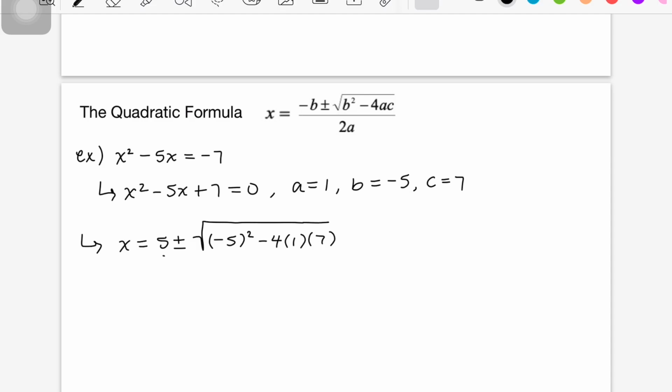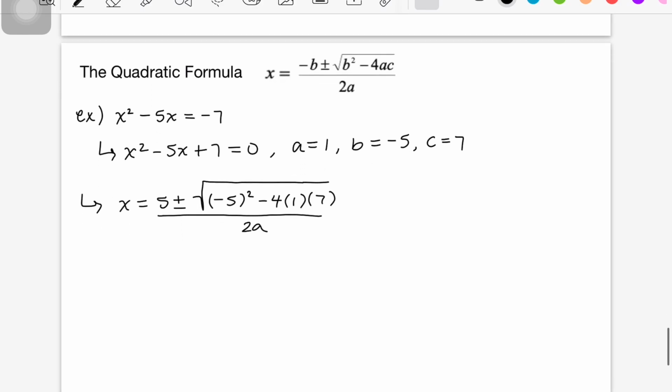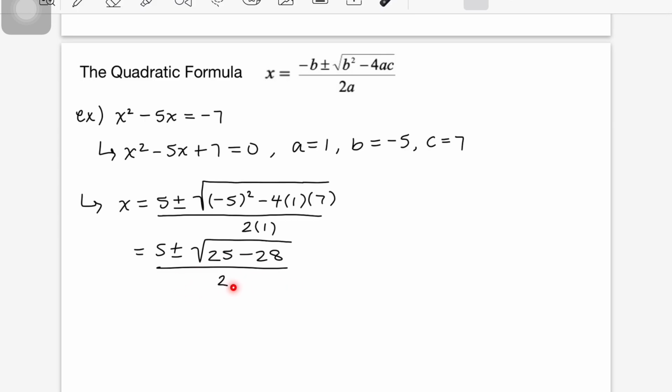And then this is going to be all over 2a. So we'll get 5 plus or minus square root. We'll have negative 5 squared, which is 25, minus 4 times 7, which is 28. And this is over 2 times a, which is just 1. So this will be over 2.